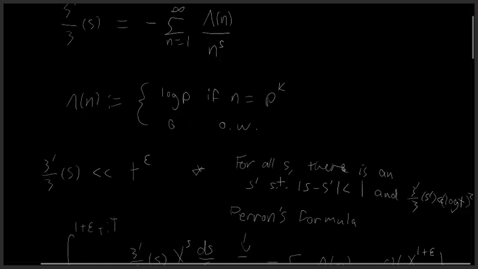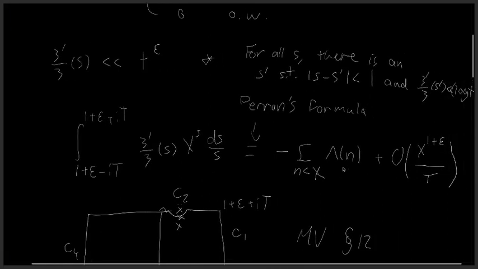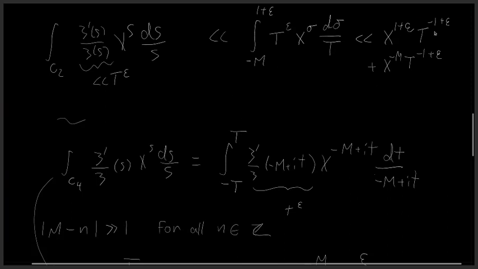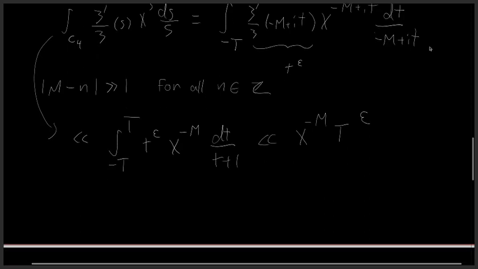So in Perron's formula, we have an x to 1 plus epsilon over T, and so this means that we want to take T to be as large as possible, but then down here, there's no restriction, these parts are easy, but here we can't take T to be too big, because then this term will be enormous. But previously we had an x to the 1/2 T to the 1/2 or something like this, and we really had to carefully balance these error terms. But here this is not the case, right? This T to the epsilon, this is tiny. We can basically take T to be as large as we like, and then just take m to be sufficiently small.